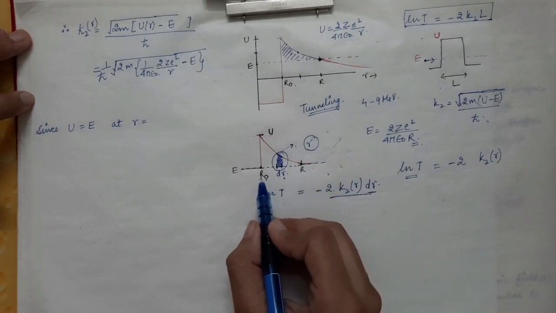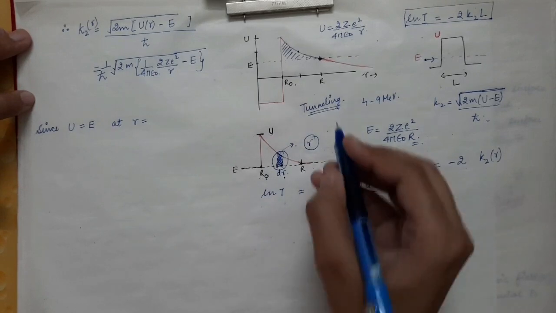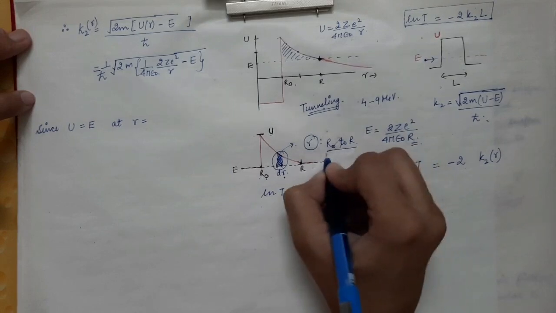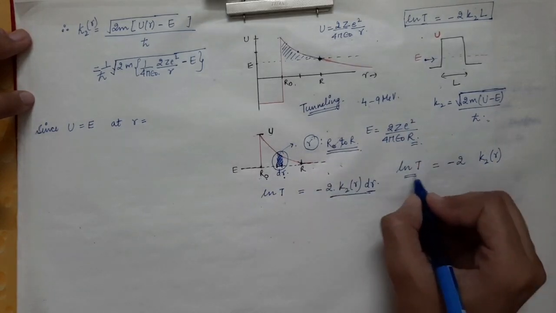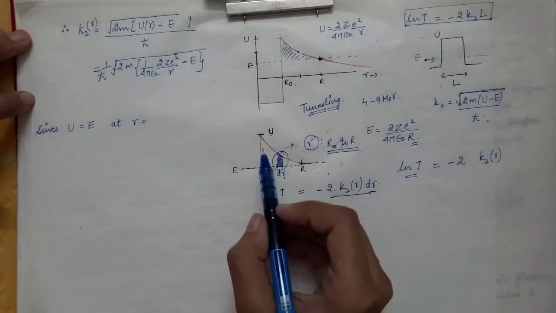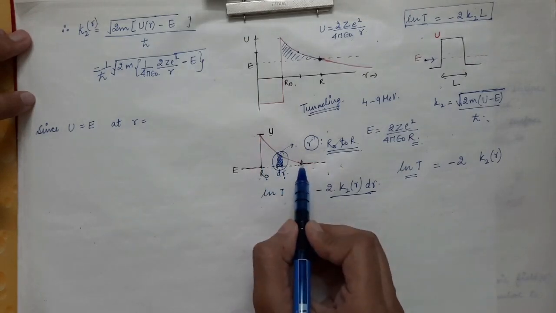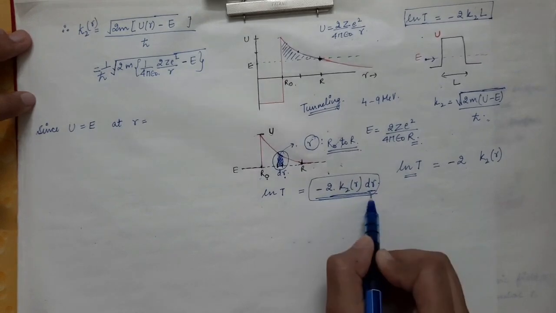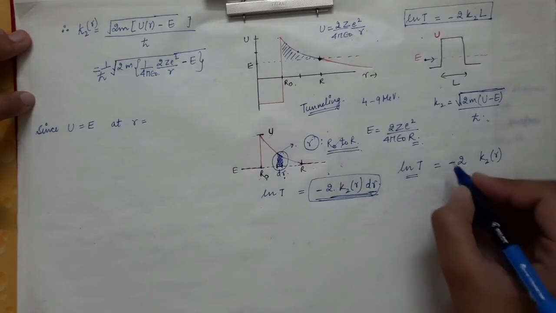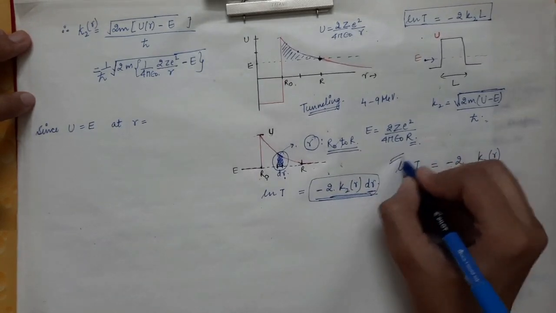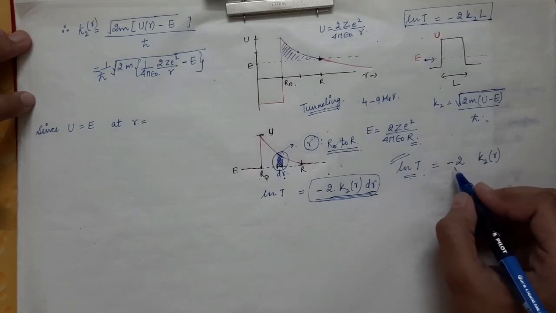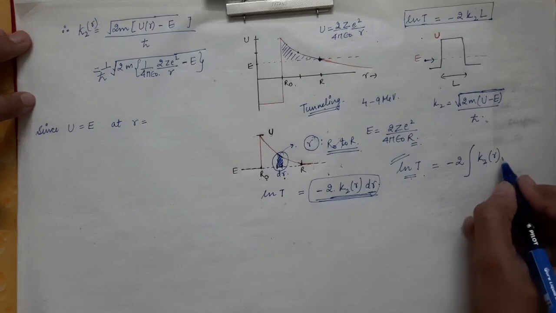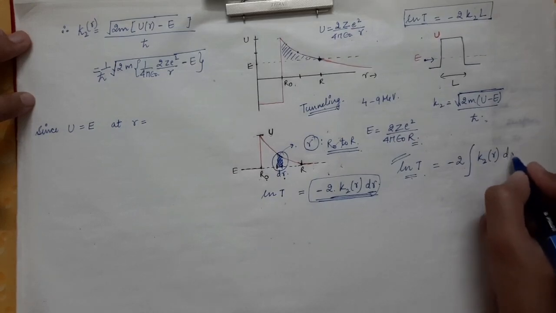R varies from R0 to capital R. So the natural log of t for the case of the whole potential barrier will be given by integration of this term. The natural log of t will be given by -2 into the integration of K2, which is dependent upon R, into dr.